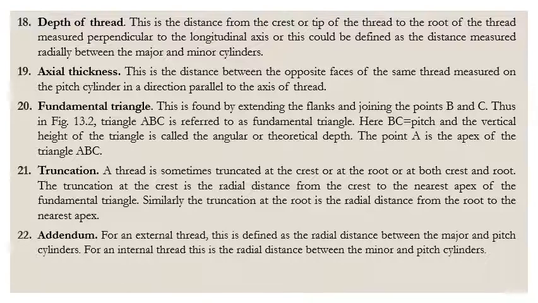Addendum. For an external thread, this is defined as the radial distance between the major and the pitch cylinders, whereas for the internal threads, this is the radial distance between the minor and the pitch cylinders.